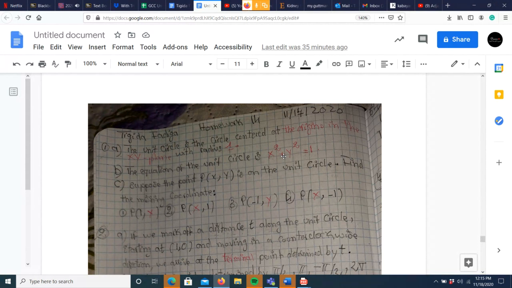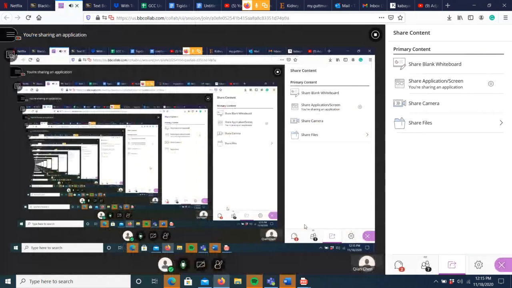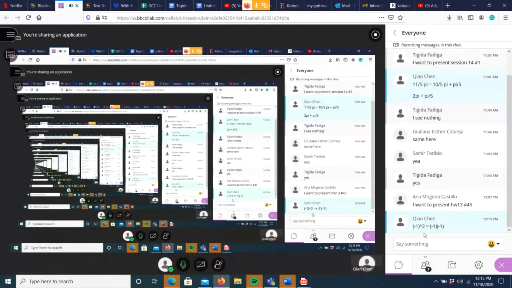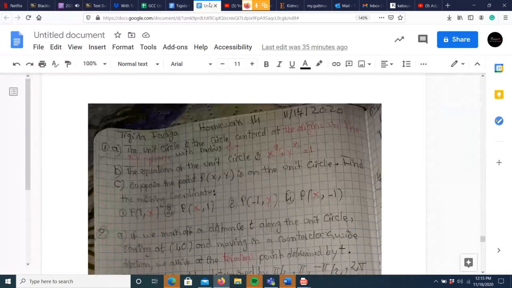Well, let's do -1 squared in the chat. -1 squared is equal to 1, isn't it? Right, -1 squared equals -1 times -1, a negative times a negative number, which is 1. So -1 squared equals 1.